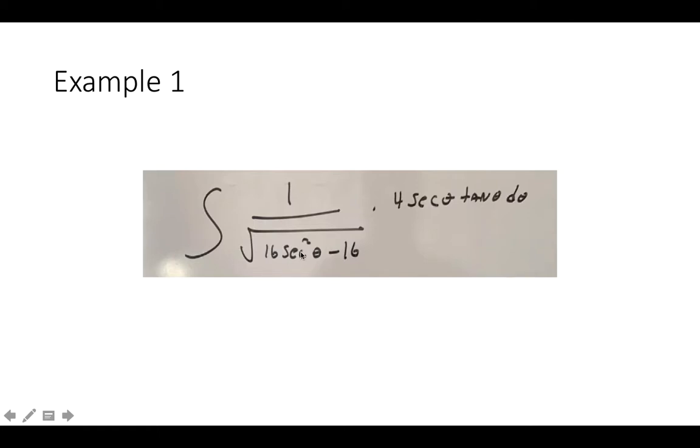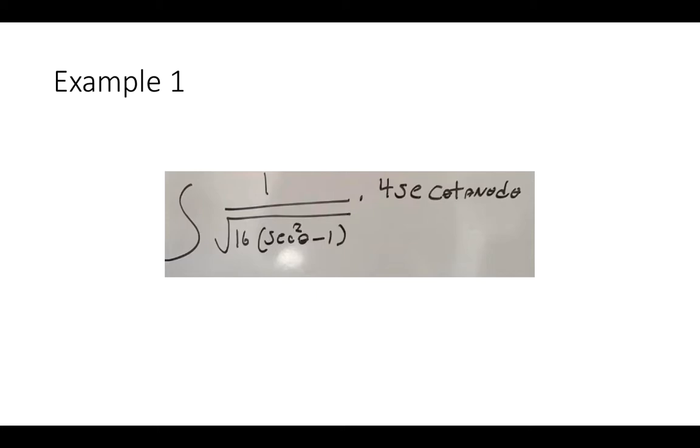I like to focus on one thing only, so I'm going to focus strictly on whatever's in the square root. The first thing I'm going to do is take out the 16 from secant squared and the regular 16, and make it 16 times the parentheses secant squared theta minus 1. Then I can rewrite secant squared theta minus 1 as tan squared theta.